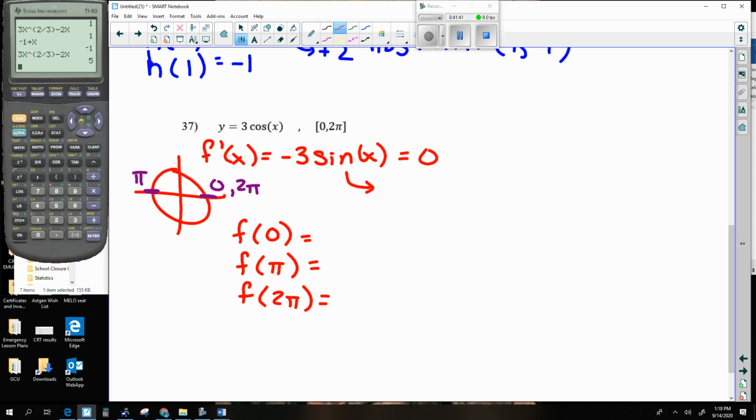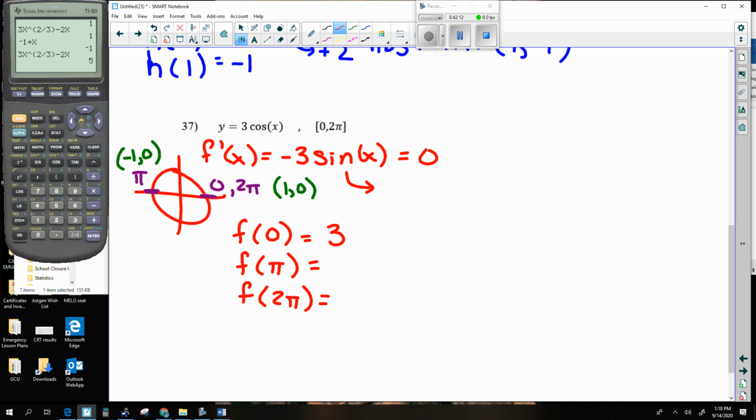And so cosine at those things, cosine is the x-coordinate, and so this is at 1, 0. This is at -1, 0. And so when it's at 0, cosine is 1, that'd be 3.